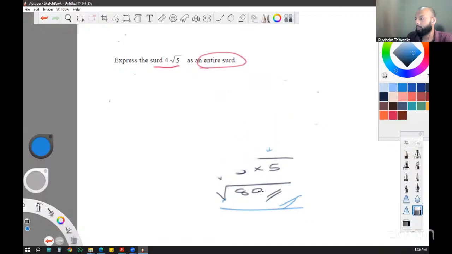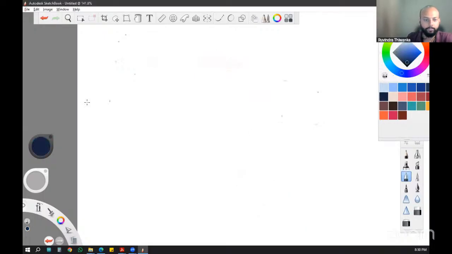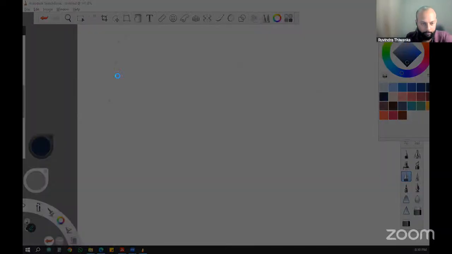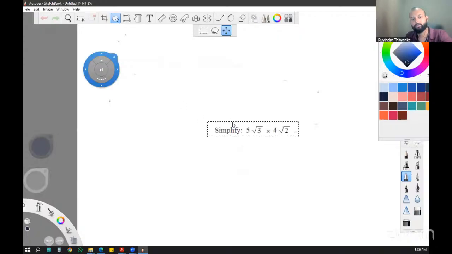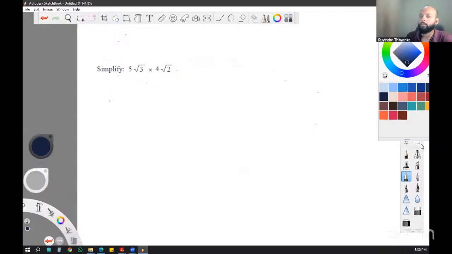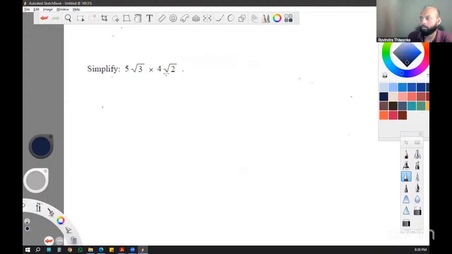Now we are going to learn about another example of surds. That is multiplication. So here you have surds with two different bases.